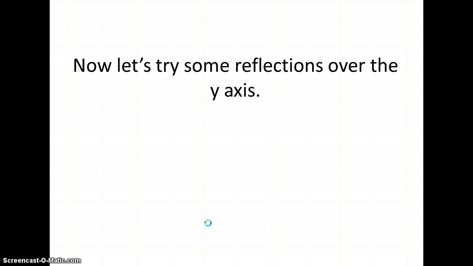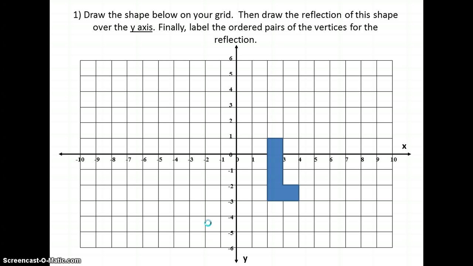Now let's try some reflections over the y-axis. Remember, a reflection over the y-axis is a horizontal flip. So my figure is going to have to jump over the y-axis. This is done the same way we would reflect some points over the x-axis. I take a point and figure out what's the distance from that point to the y-axis.